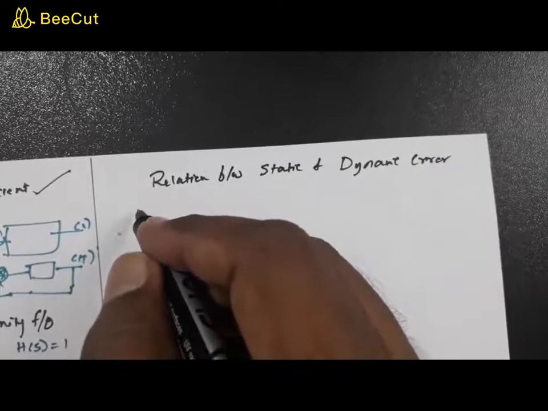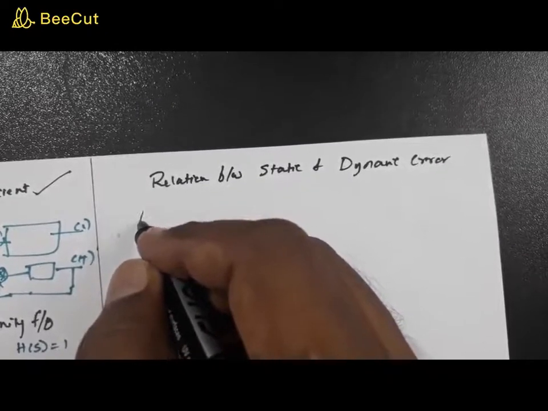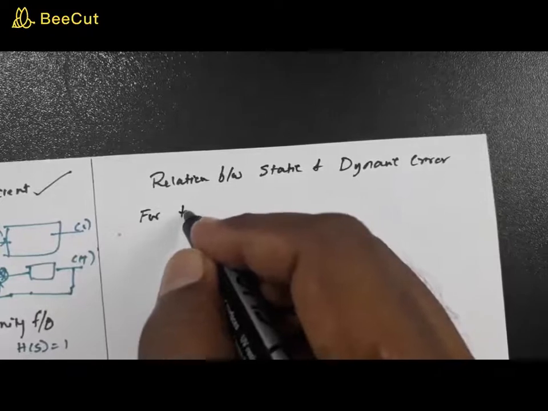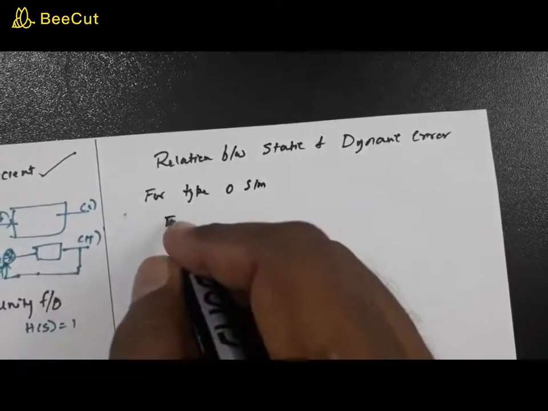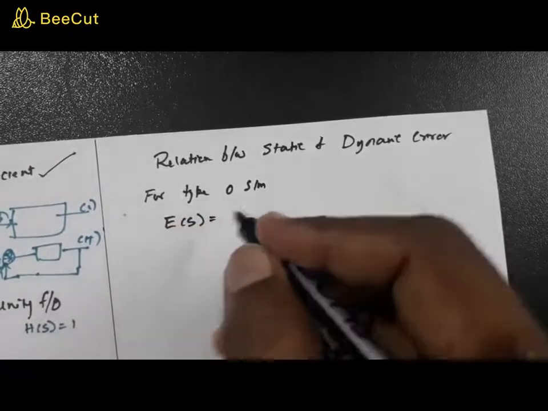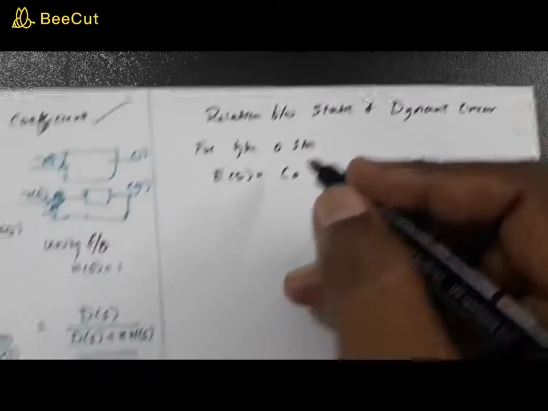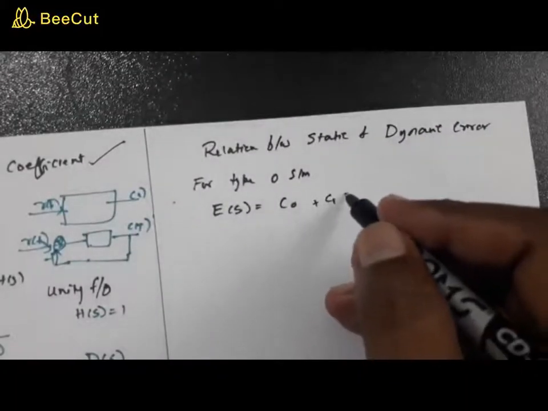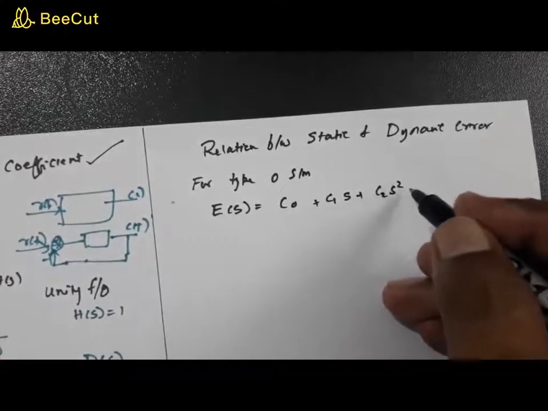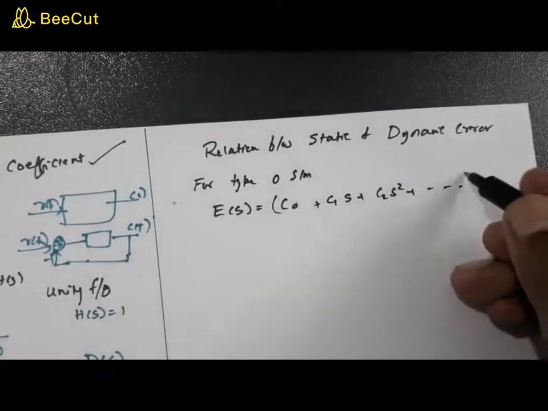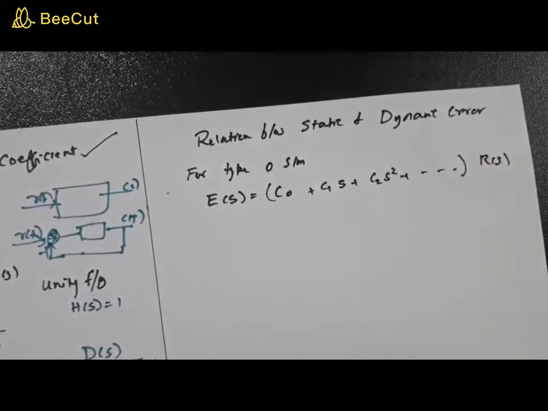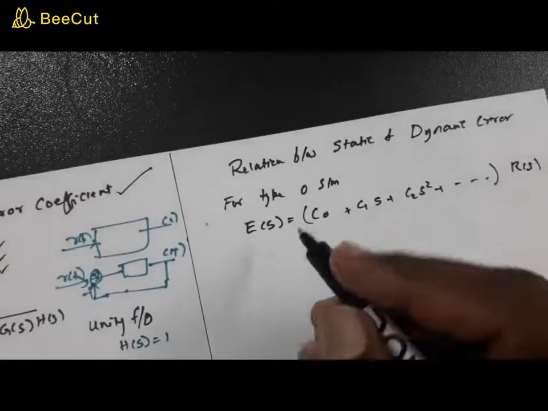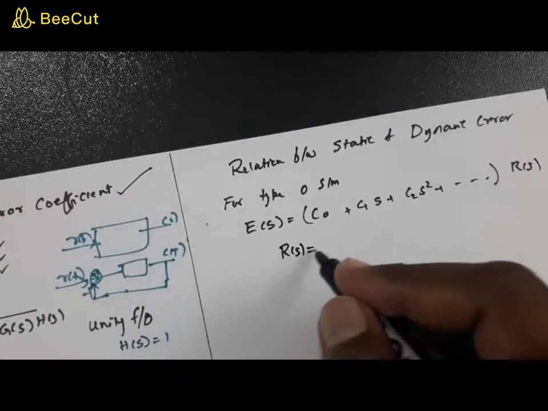Now, for a static error coefficient for a type 0 system, we have already derived E of s equals C0 plus C1 s plus C2 s square, etcetera, into R of s. Now for a unit step, we know that R of s is equal to 1 by s.